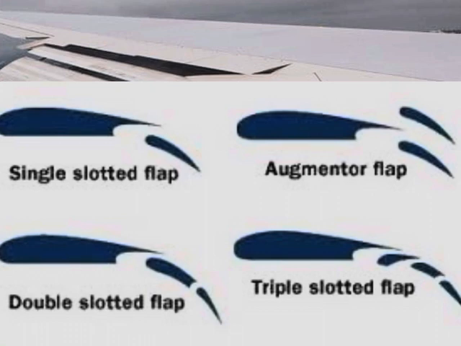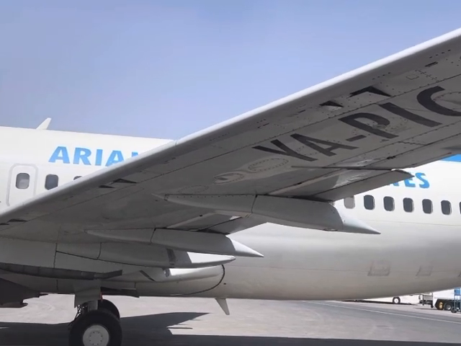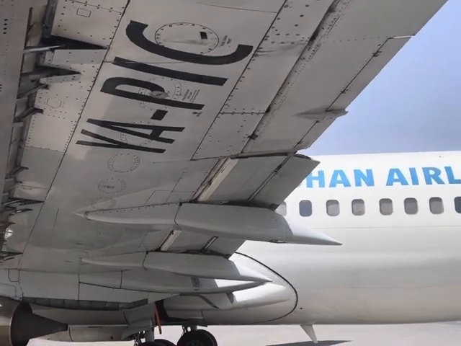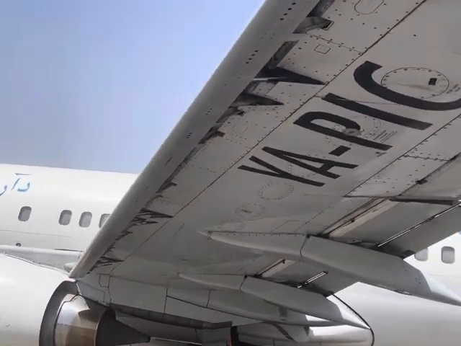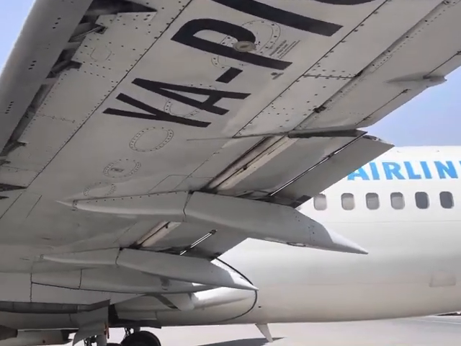The Fowler flaps are very excellent trailing edge flaps, because when we extend such type of flaps, besides making the wing curve or increasing the curvature of the wing, we increase the area of the wing as well. Why? Because the Fowler flaps, once extended, get two movements.